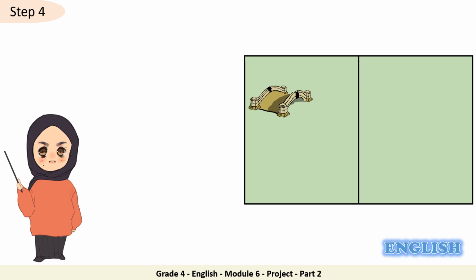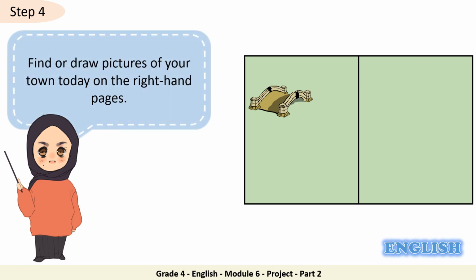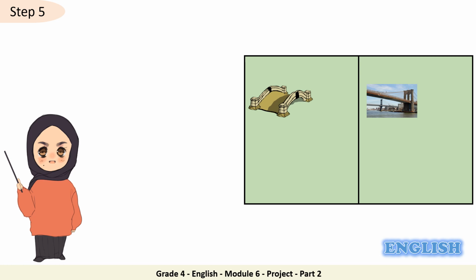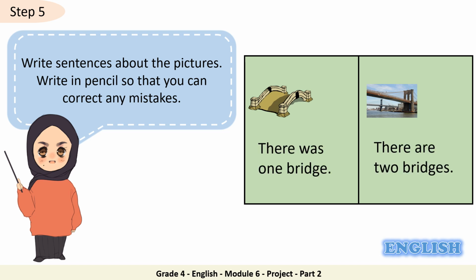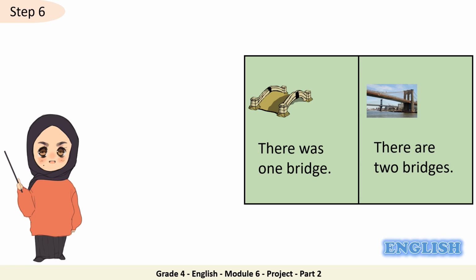Step 4. Find or draw pictures of your town today on the right-hand pages. Step 5. Write sentences about the pictures. Write in pencil so that you can correct any mistakes. Step 6.